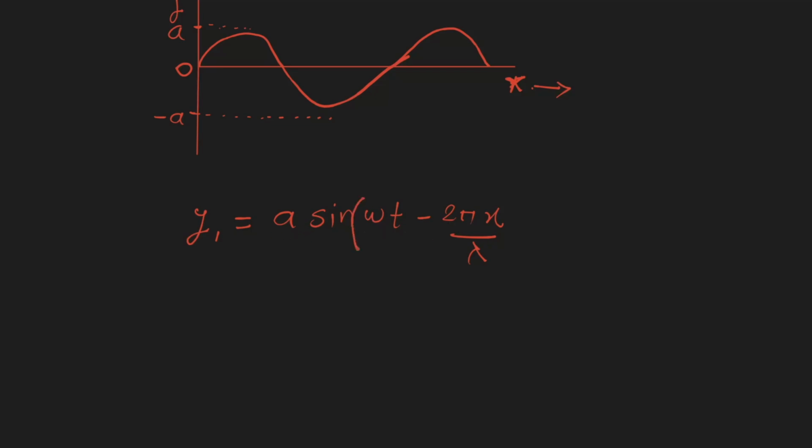This is the angle omega t. But we know that omega equals 2 pi n. Therefore y1 equals A sin 2 pi n into t minus 2 pi x upon lambda.